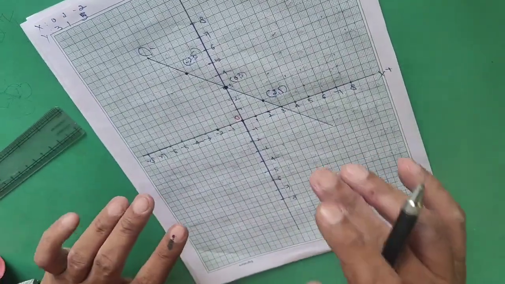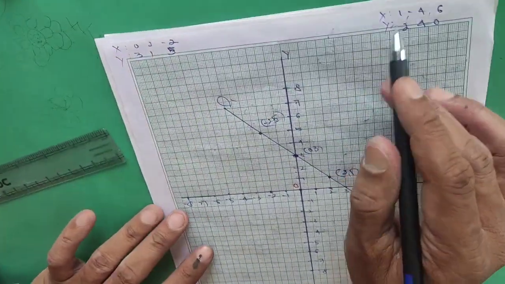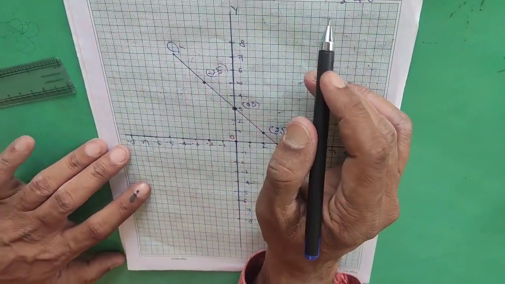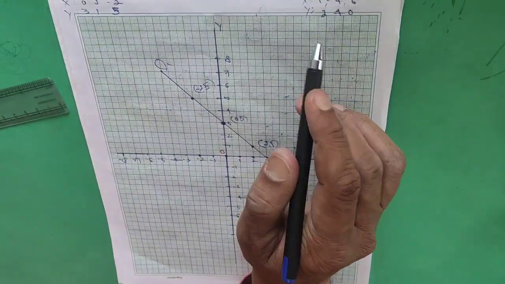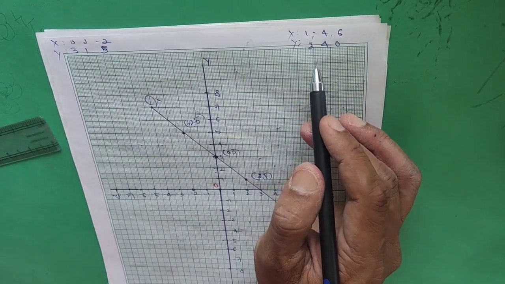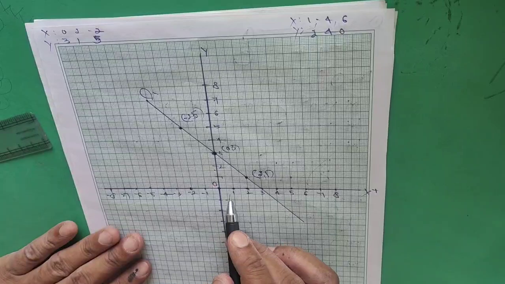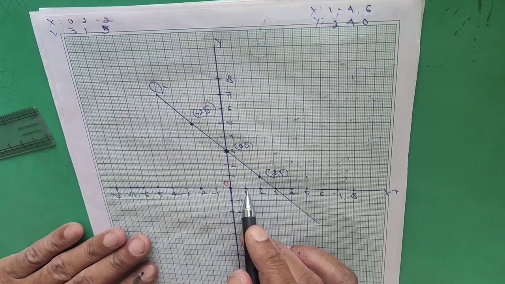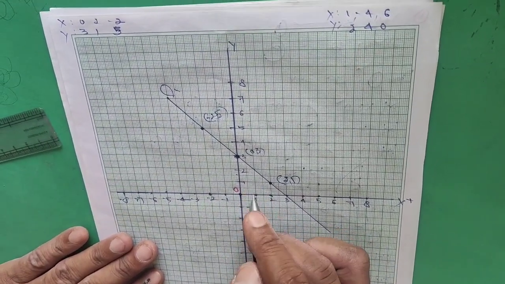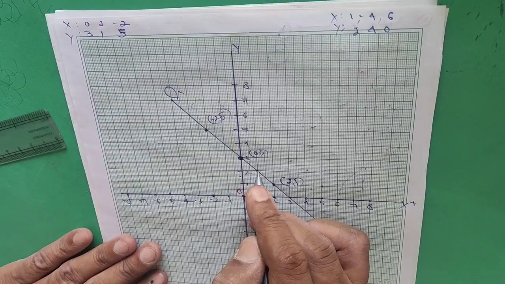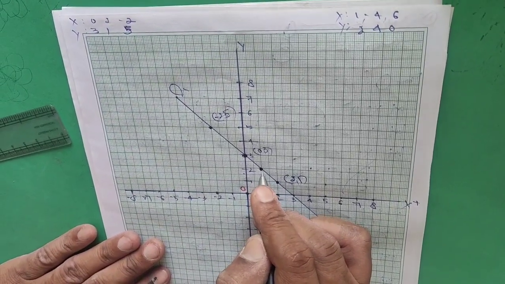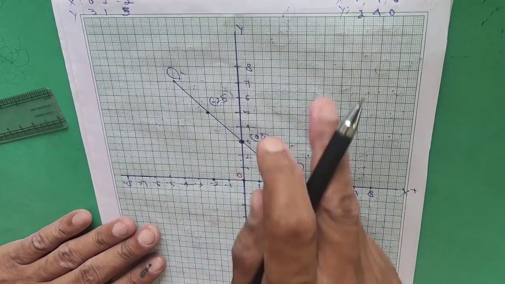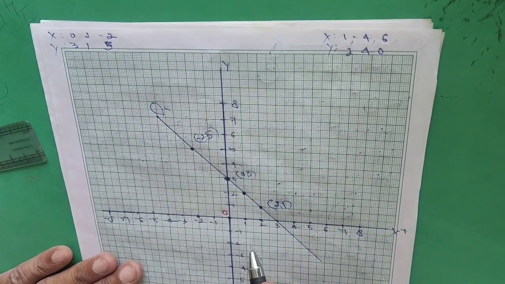Similarly we plot the points of the second line. The first point is (1, 2). X is 1 and y is 2, and this point is here. Second point is (-4, 4).